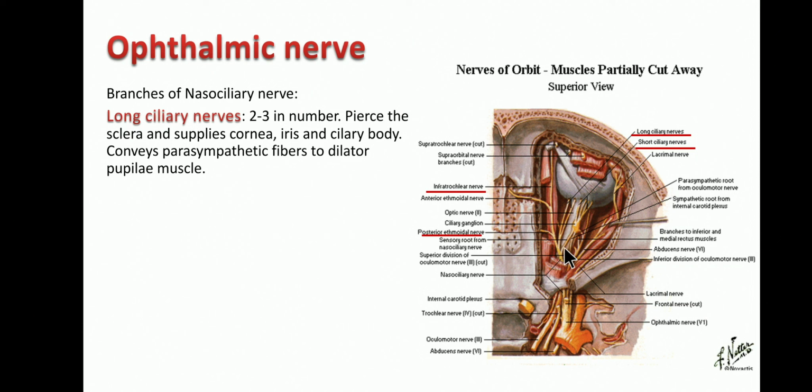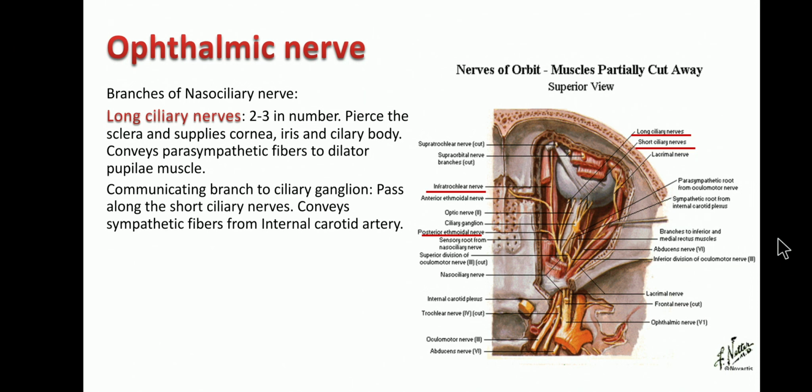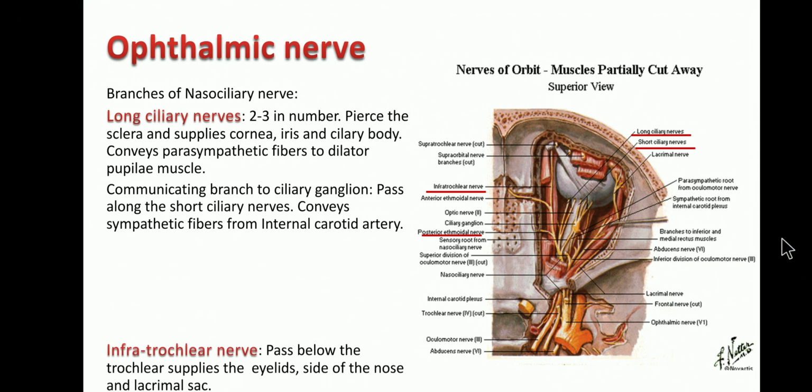The sympathetic fibers come from the plexus surrounding the ophthalmic artery, because sympathetic fibers always travel along with blood vessels. Then the nasociliary nerve also gives a communicating branch to the ciliary ganglion, through which sympathetic fibers are also conveyed from the internal carotid artery.